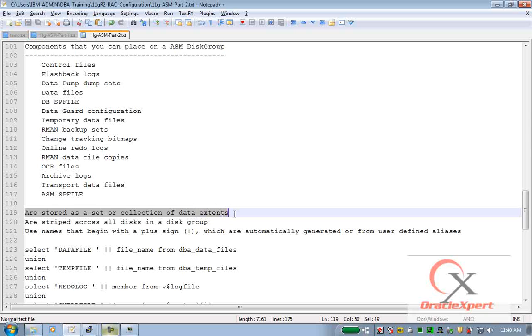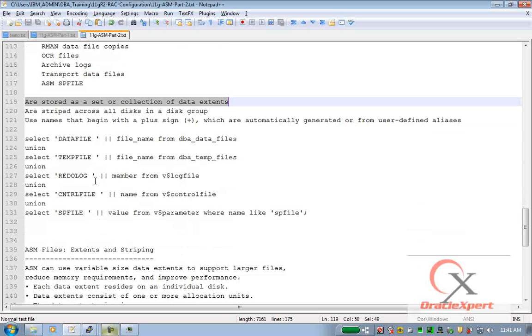When you store a file on a given disk group, the file is chopped into pieces and each disk will receive a certain number of data extents. The file is striped across all the disks in a disk group, and while giving the name of the file we use plus as an identifier that it is going onto a certain disk group.